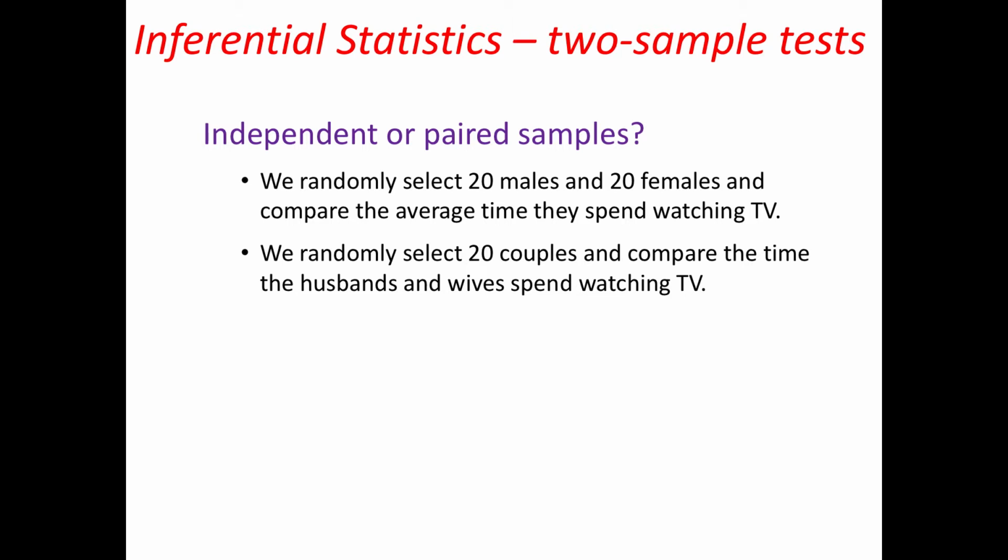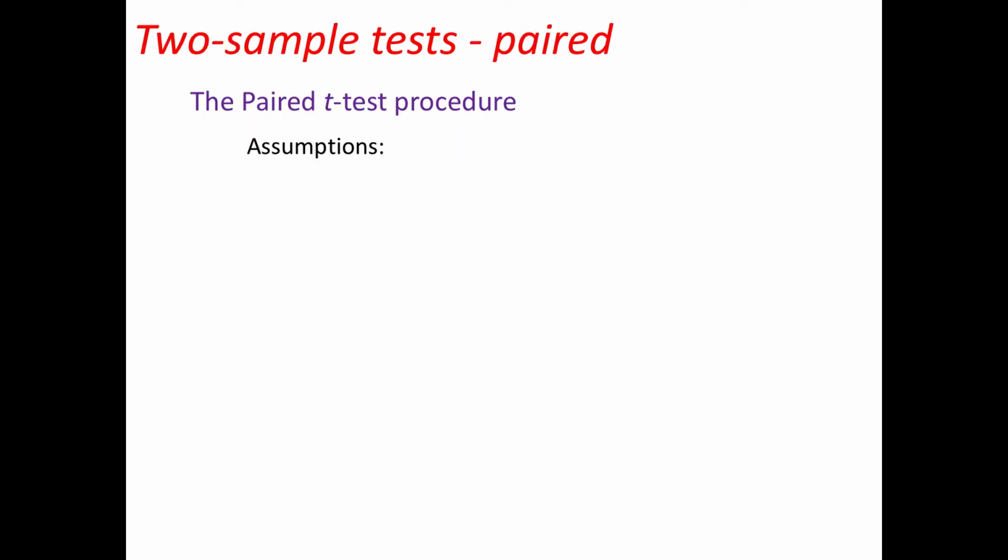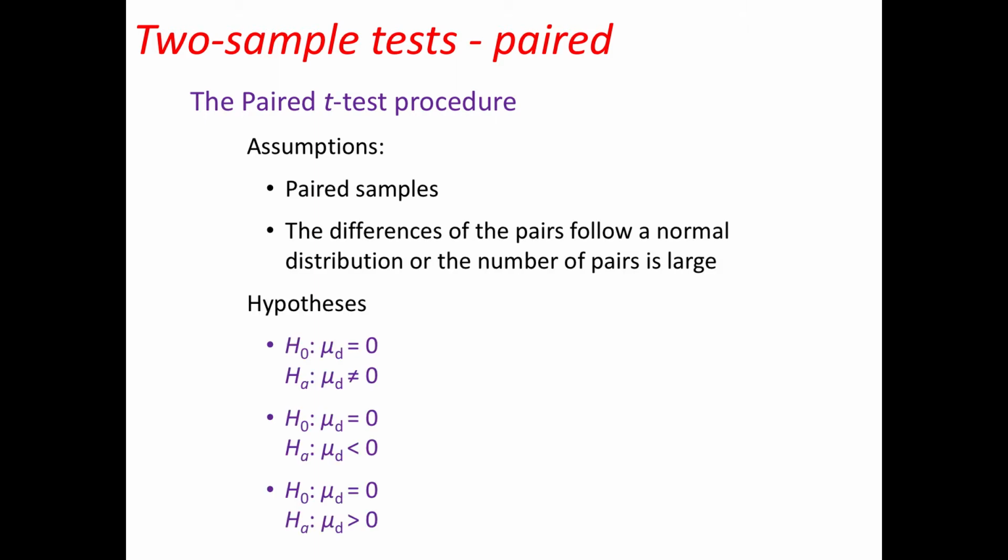The paired t-test will be used when handling hypotheses that test for data that are paired, like in the second example. When conducting paired t-tests, there are certain assumptions, just like with the pooled t-test we did before. The first is that you have paired samples, obviously, so they're not independent. That's the big difference. Your second assumption is that the differences of the pairs follow a normal distribution.